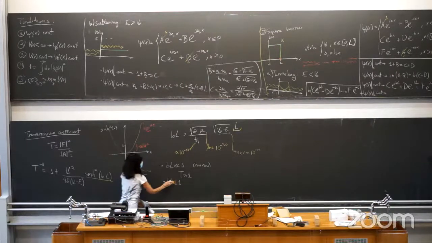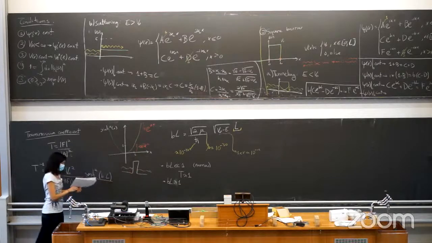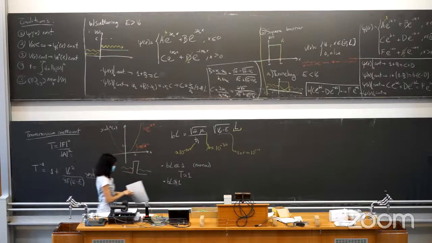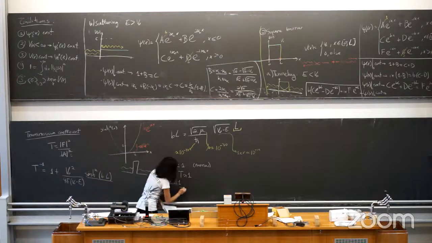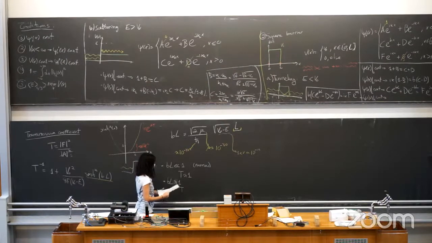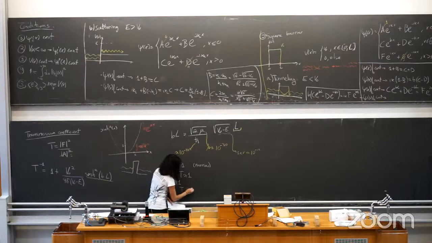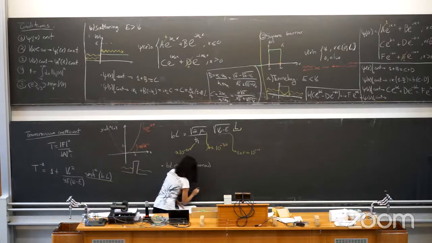If BL is now large, for example by making the barrier large, then T is going to depend on e to the minus BL times 2.